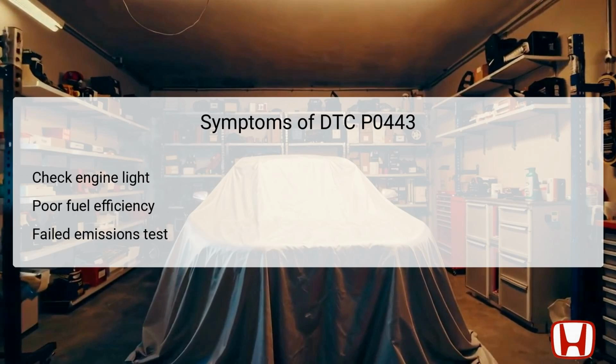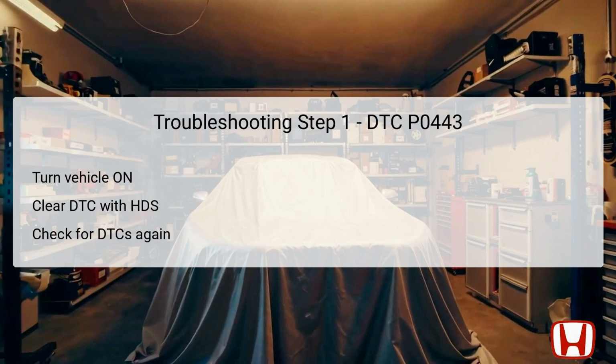To begin troubleshooting DTC P0443, start by turning the vehicle's ignition to the on position without starting the engine. Next, utilize the Honda Diagnostic System, HDS, to clear the current diagnostic trouble code. This step is essential as it resets the system and allows you to check for any pending or confirmed DTCs again.